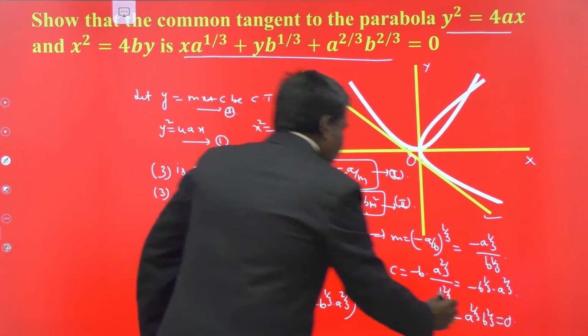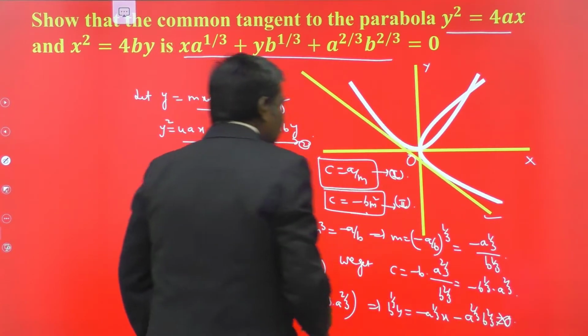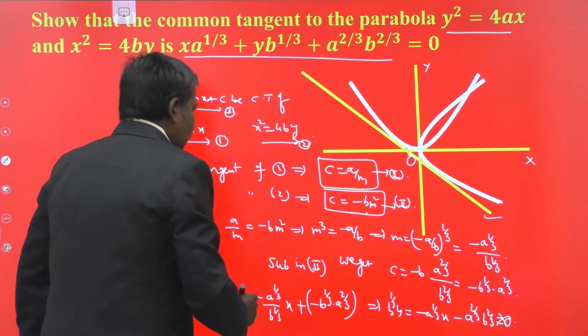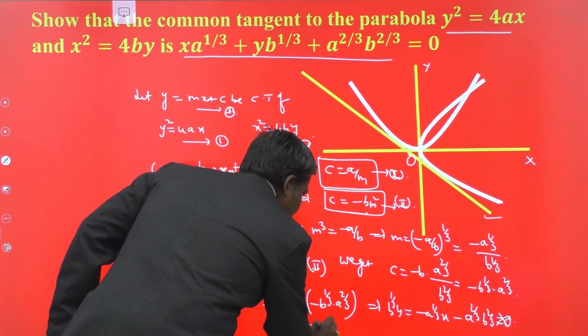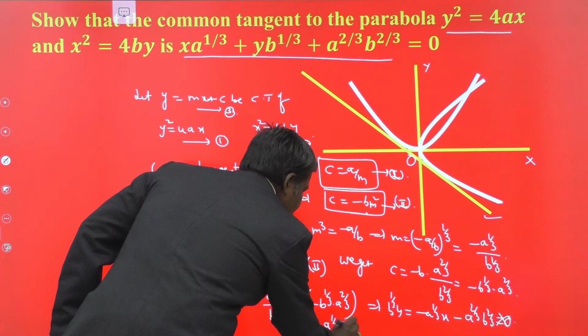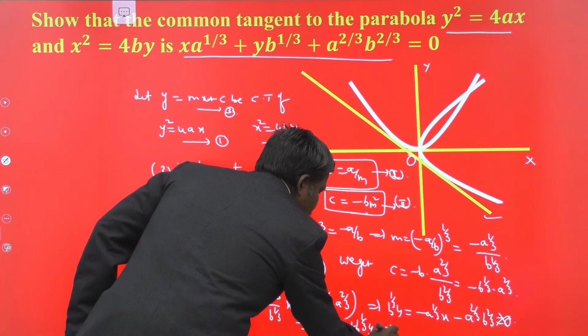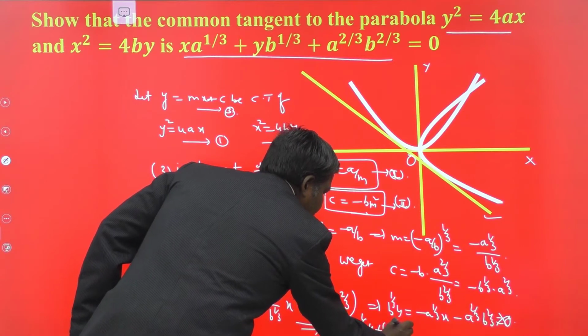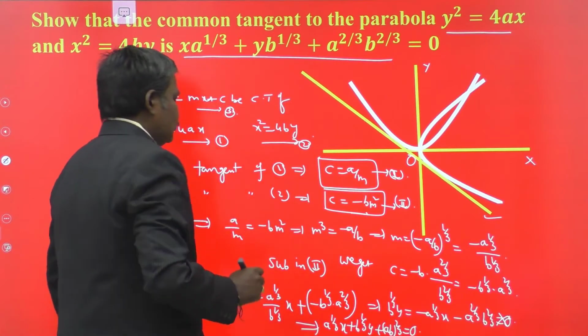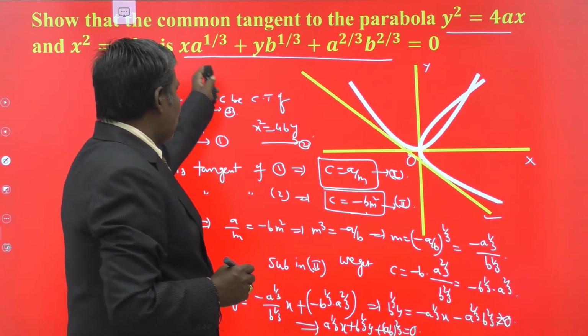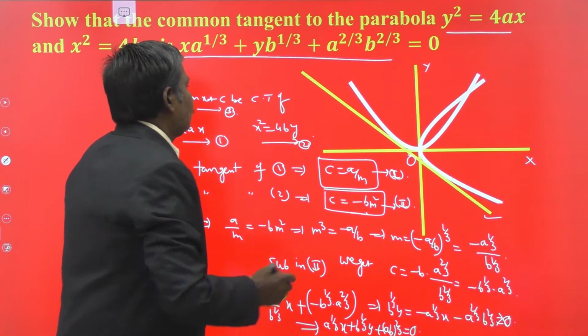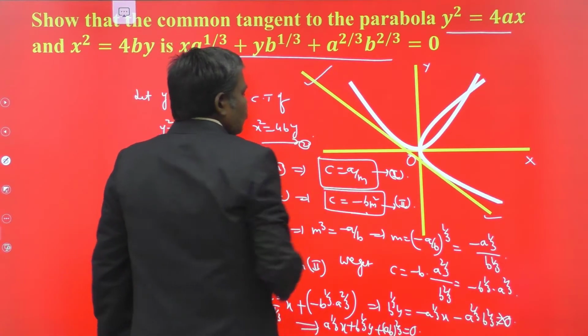Take these two terms to the left side, we obtain the required result: a power 1 by 3 into x plus b power 1 by 3 into y plus ab whole to the power of 2 by 3 is equal to 0. This is the equation of the common tangent to both the curves.